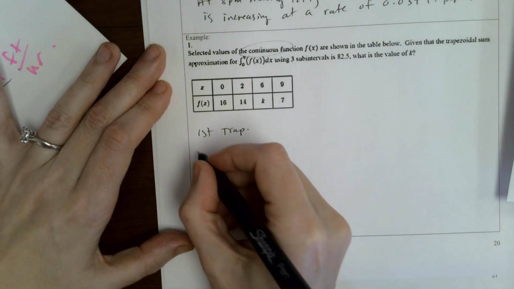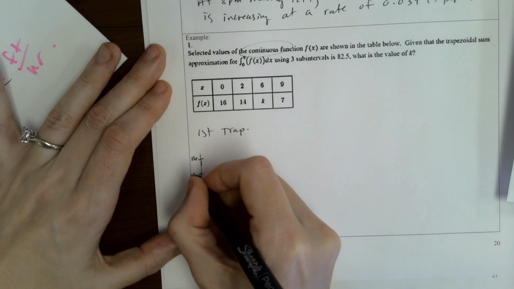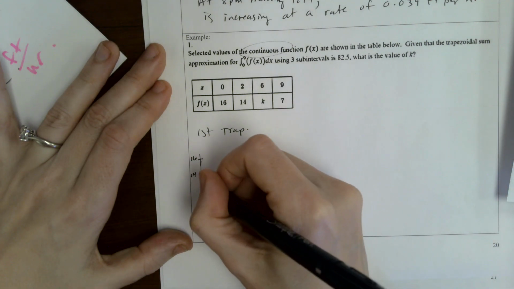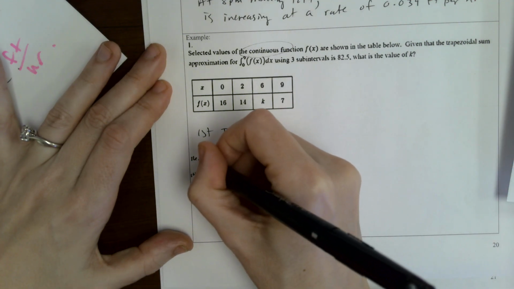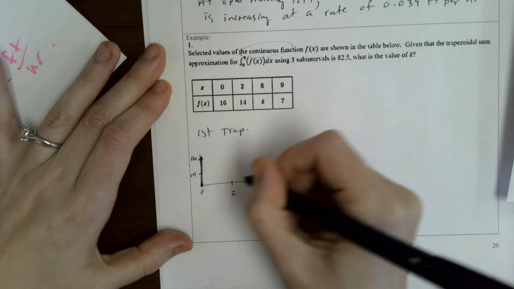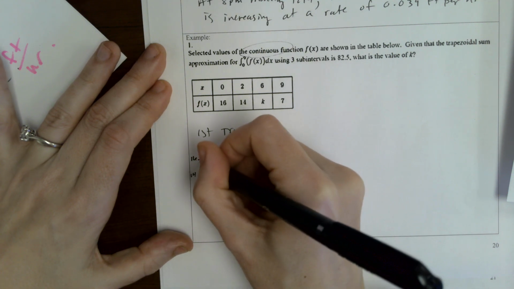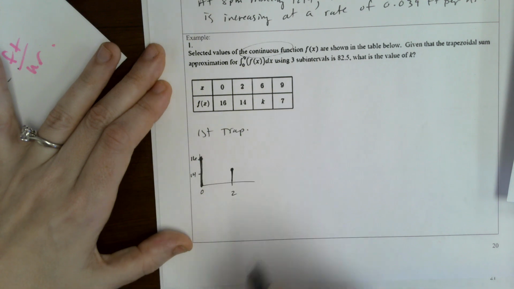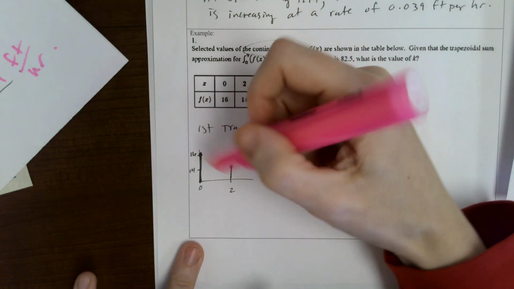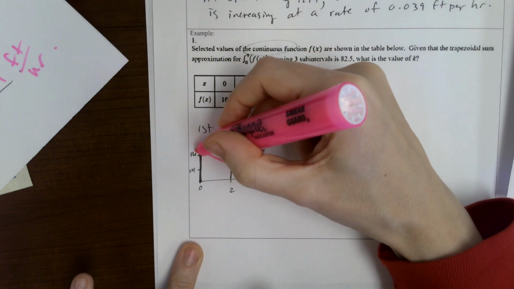At 0, we're at 16, and at 2, at 14. Okay, so the bases of the trapezoid are going to be, all right, that's going to be one of the bases. And then that's going to be the other base. Okay. And then you connect the bases like that.